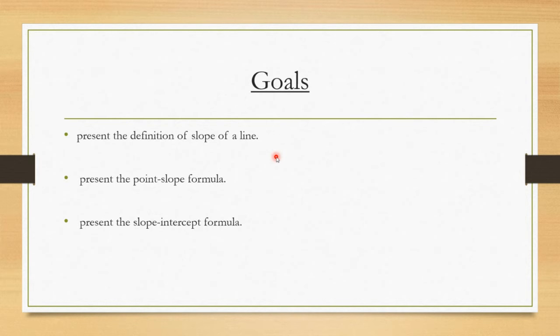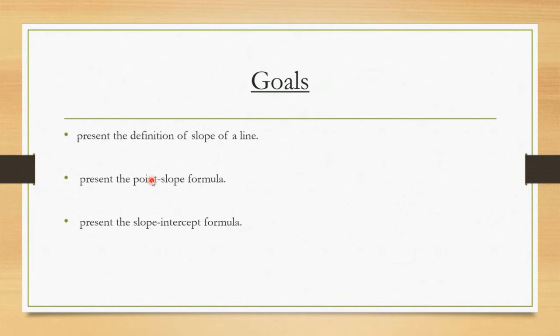And you have probably seen the slope intercept formula of an equation of a line. That's that y equals mx plus b. I think that's what they teach in high school. The point slope form, or point slope formula, is actually a little bit more general than the slope intercept formula.